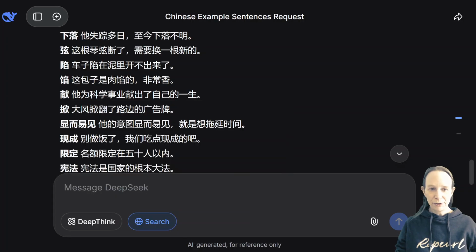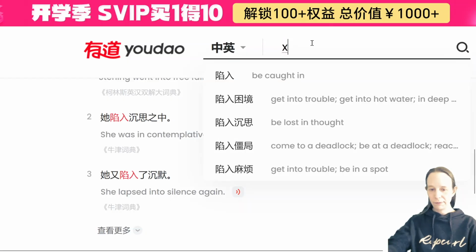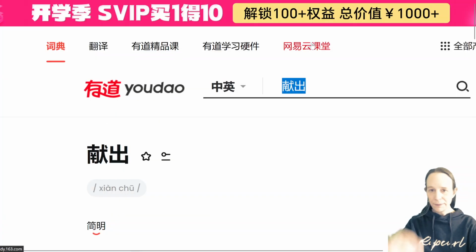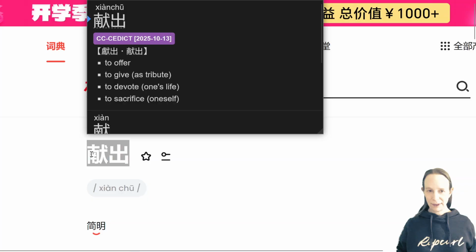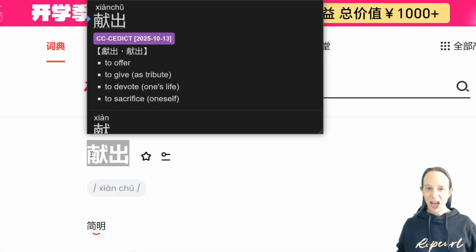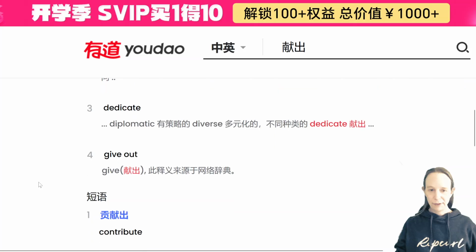他为科学事业献出了自己一生. So this is like devoted his whole life to the pursuit of science. All right. 献出. Devote one's life. 献出什么生命?